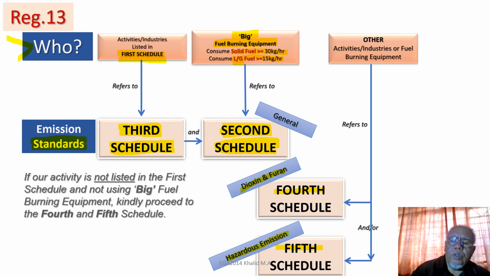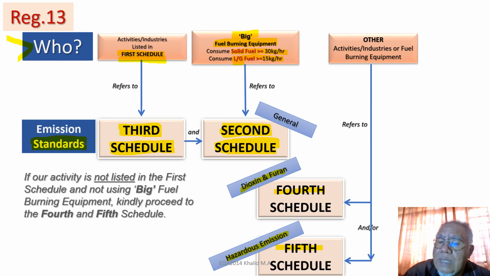Got it? And those other industries, and smaller genset, smaller fuel burning equipment, smaller oven, they are occupying the other group, which is now subscribing to the fourth and fifth schedule.